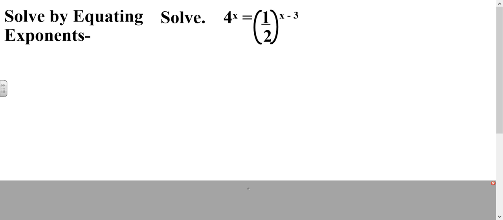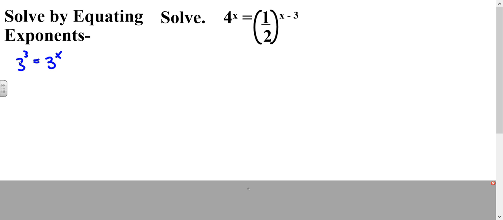The first is solving by equating exponents. So that means that we want to make the exponents equal to each other. So in order to do that, I have 4 to the x power equals 1/2 to the x minus 3 power. So what I would have to do is make it to where if I have, let's say, 3 to the 3rd power equals 3 to the x power.